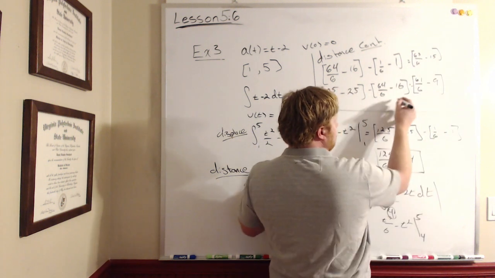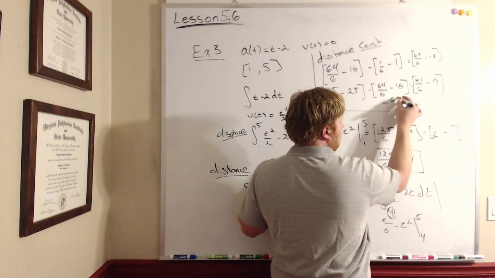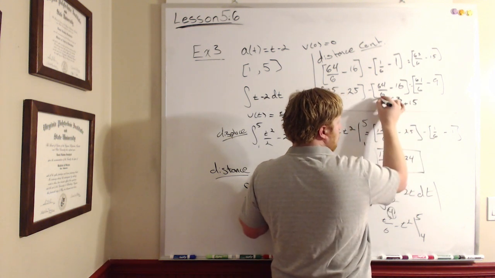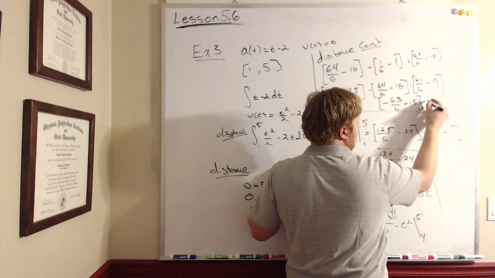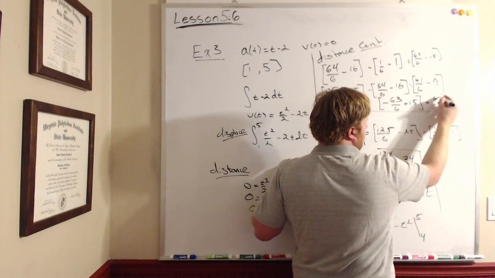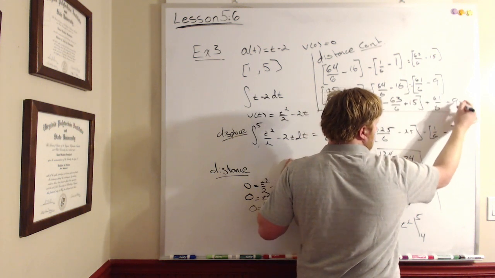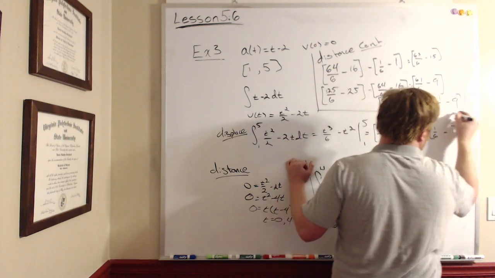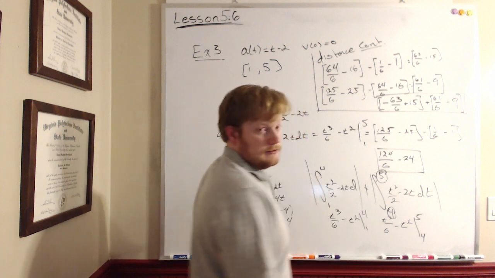So my final answer is going to be negative 63 over 6 plus 15 plus 61 over 6 minus 9. And that's a fine answer.